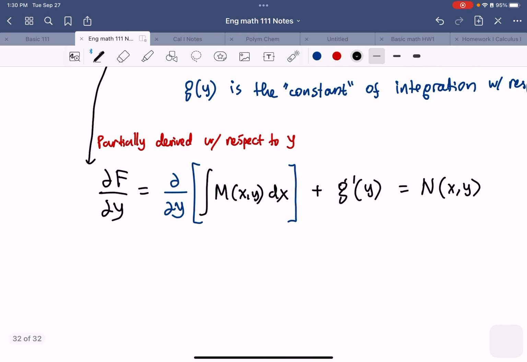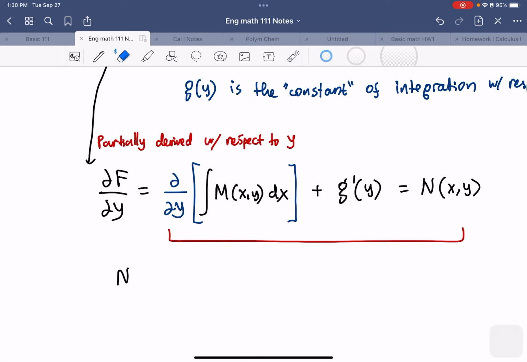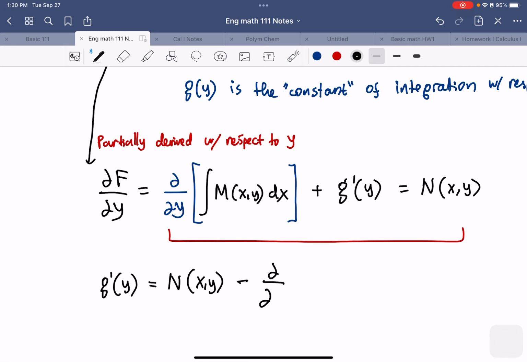So from these equations, we know that from this part here, the N, or maybe g', let me just write the result: g'(y) is equal to N minus ∂/∂y of the integral M(x,y) dx.